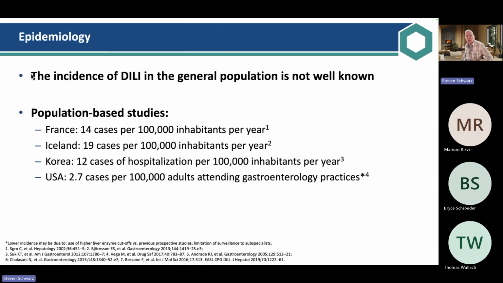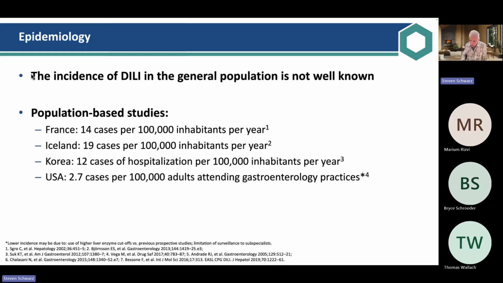So the incidence of DILI in the general population is not well known. You see the estimates here, but really the only cases that we know about are those that come to medical attention requiring hospitalization. And of course, those are the ones that lead to really significant clinical problems.